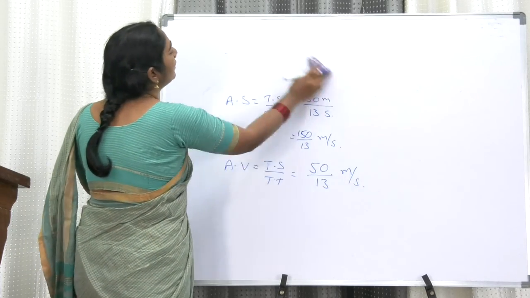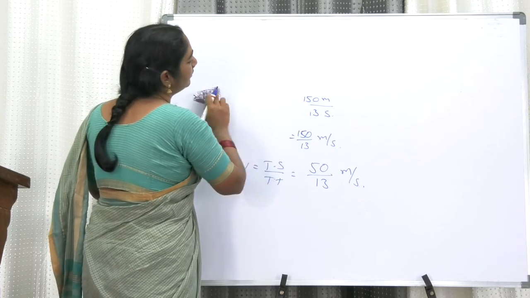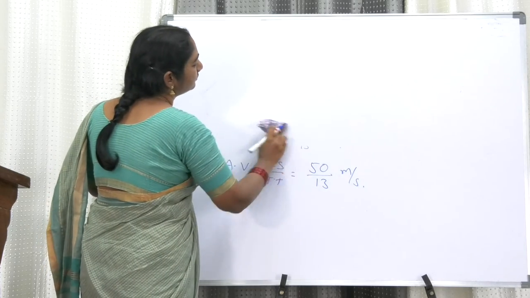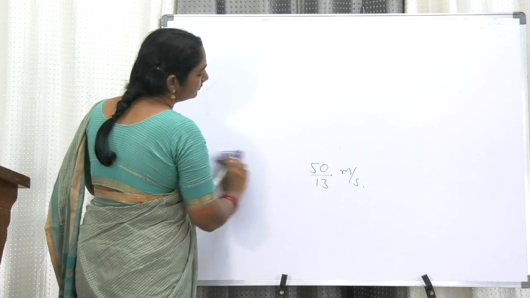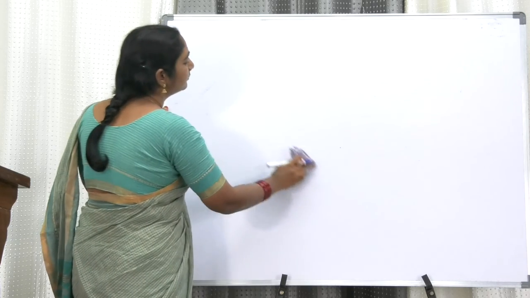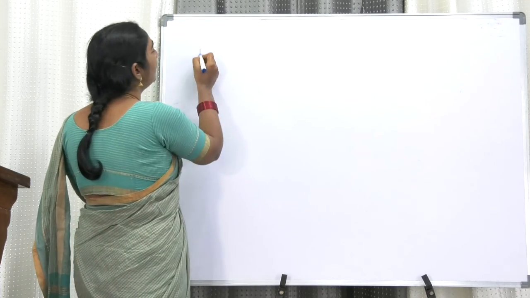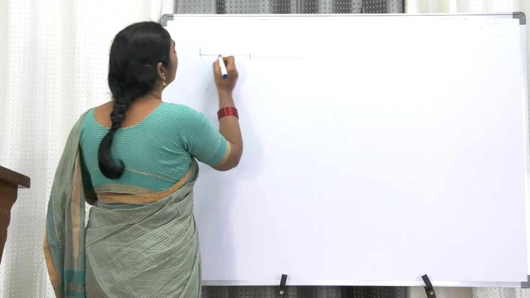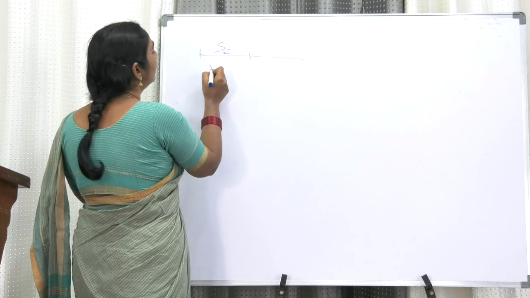Okay, now next. A particle moving in a straight line covers half the distance with a speed of 3 meter per second.